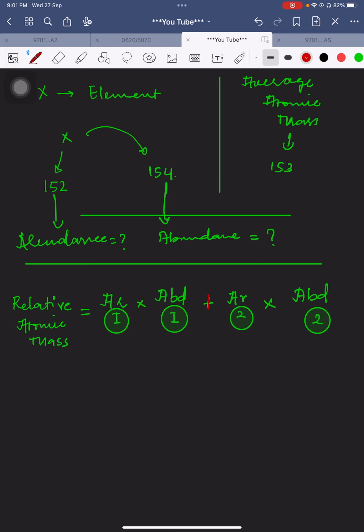Here I'm changing the color so that you may not get confused. And it is divided by 100.